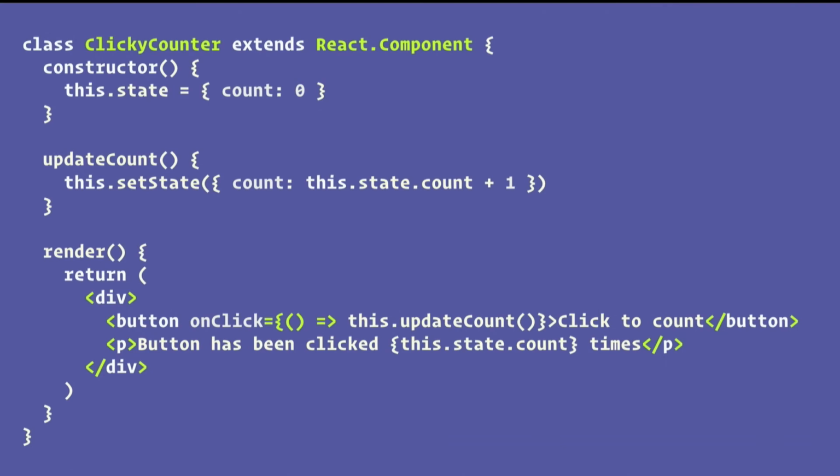Why don't we just say this.state plus plus? Seems a lot easier. And the answer is because the previous slide told you not to. Don't do that. So what happens is state changes. It's going to re-render the component as long as you do it through setState.